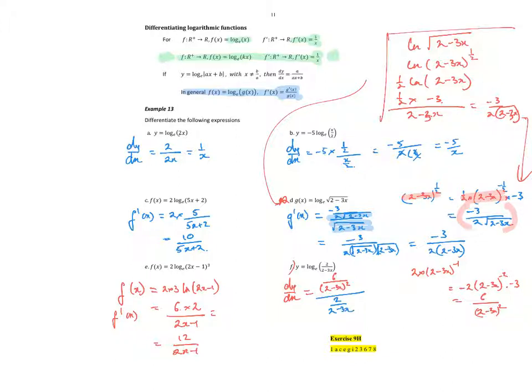We can simplify that by flipping the bottom function and multiplying. So dy dx is equal to 6 over 2 minus 3x squared times 2 minus 3x over 2. The squared cancels with that. 2 into 6 is 3, to leave me with 3 over 2 minus 3x.